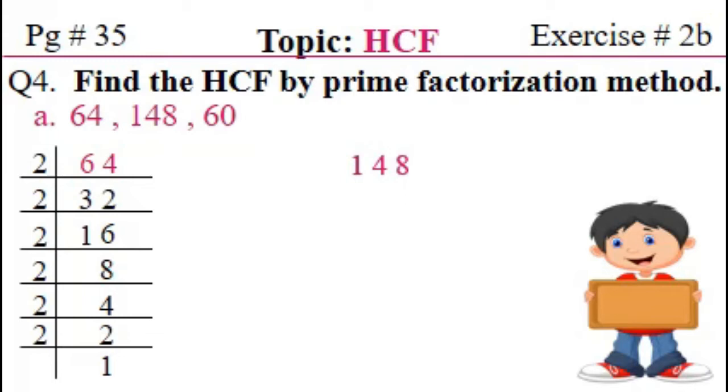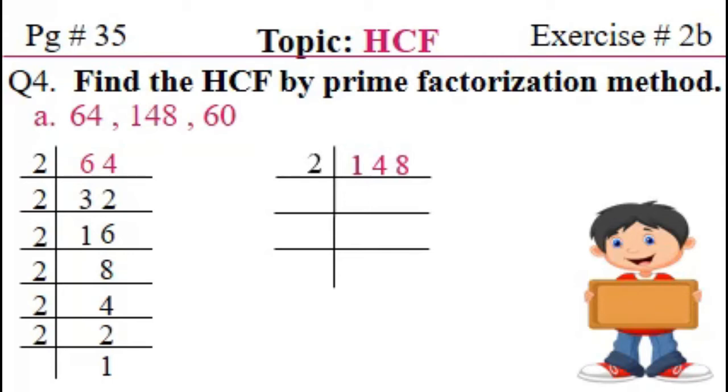As we have found the prime factors of 64, now we will find out the prime factors of 148. 8 at ones place shows us that the complete number is even. Therefore, we can divide it by 2, which is the smallest prime number.